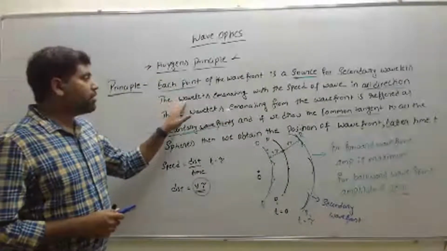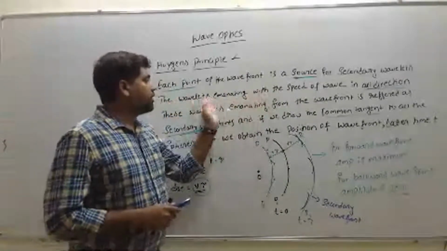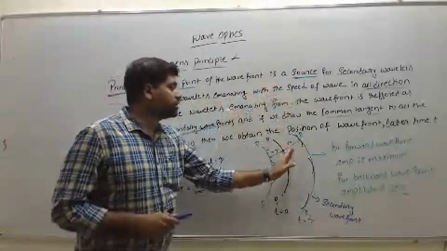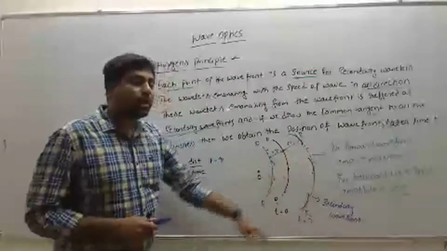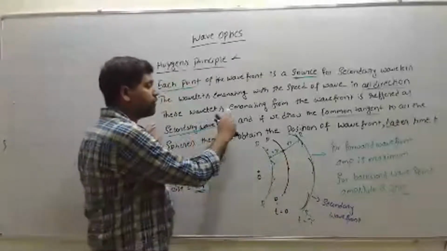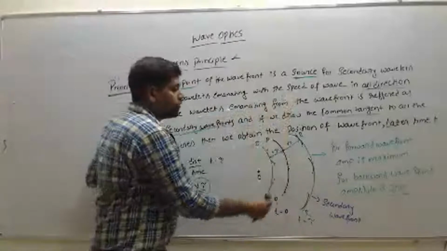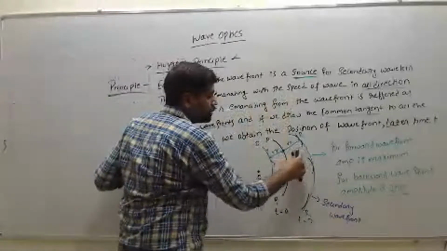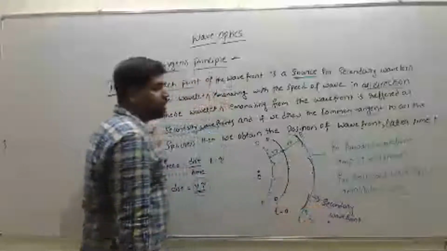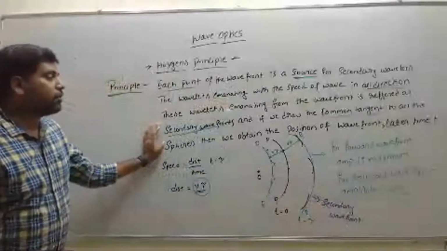Next, the wavelets emanate with the speed of the wave, that is V. The wavelets coming from the wavefront are called secondary wavelets or secondary wavefronts.